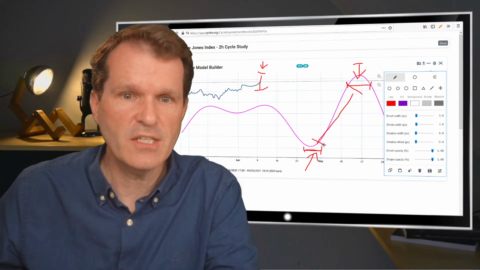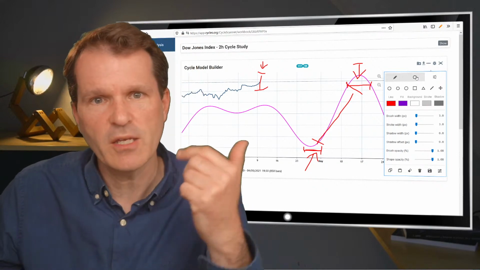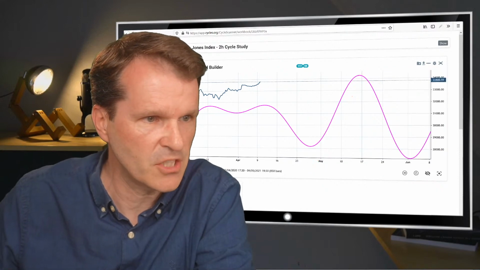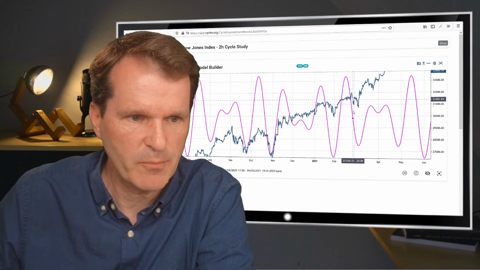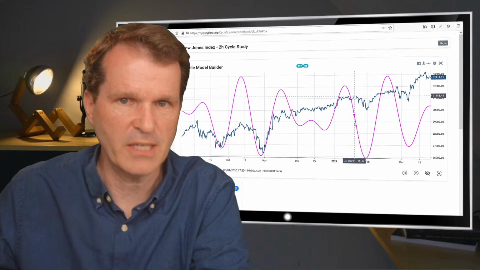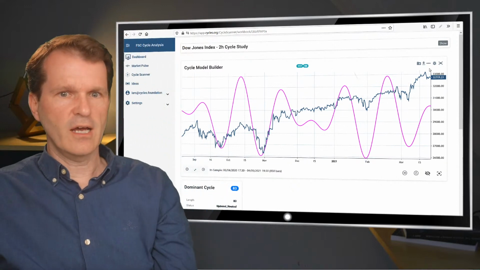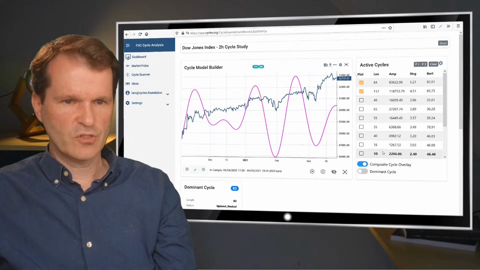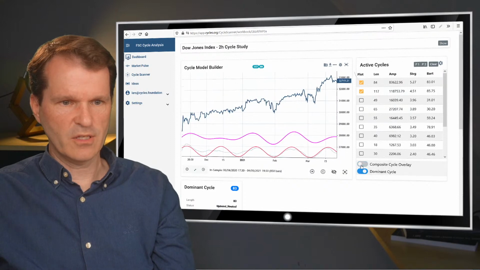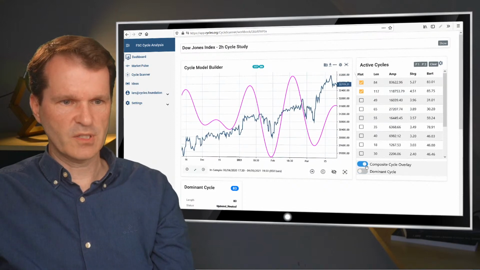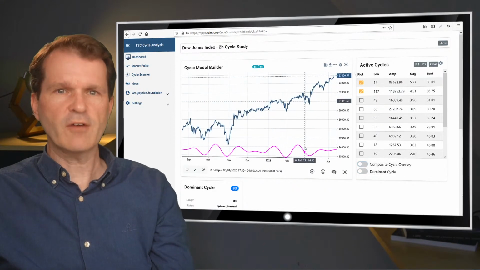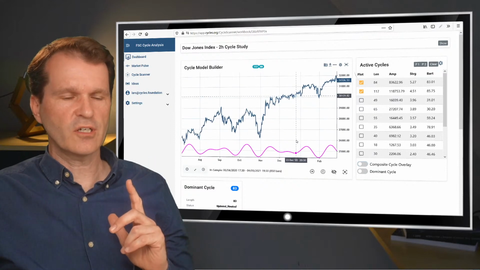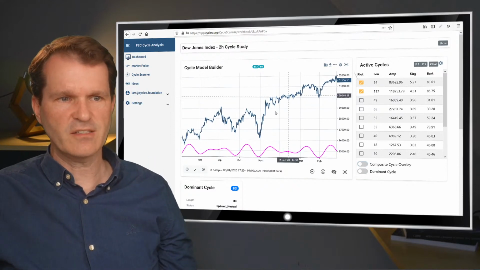So why could we use this? Before we switch to the price chart, you can also check back this behavior in the past based on these two cycles here. And I will just switch so we can plot this. I've just switched how this composite cycle is plotted, so not as an overlay.